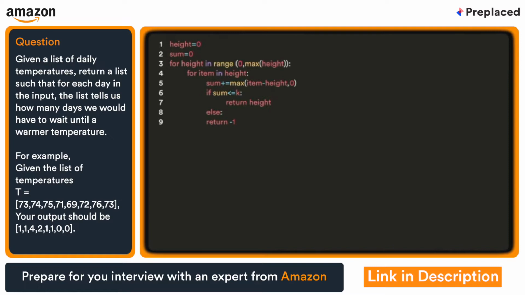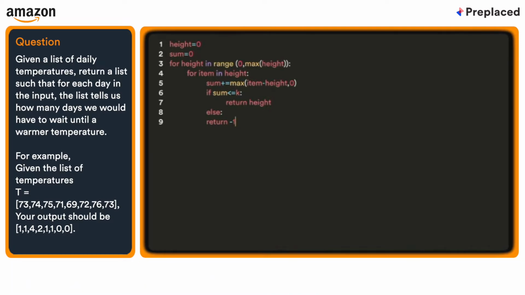So that would be one element less, and I don't have to run the loop till there. What else can I do with this? 73, 74.